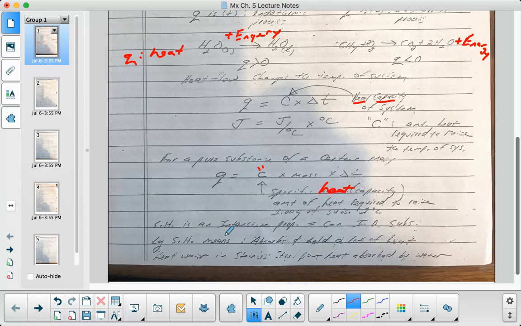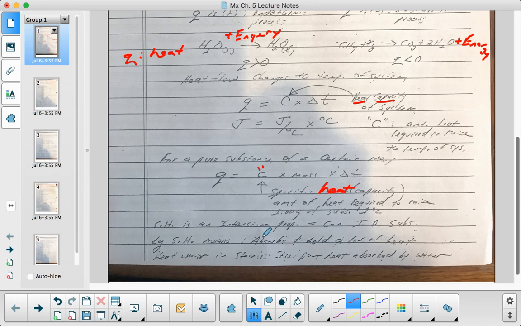So what does it really mean? If we have a large specific heat, and SH is just an abbreviation for specific heat, it means that it absorbs and holds a lot of heat. So let's say you wanted to heat water in a stainless steel pan.